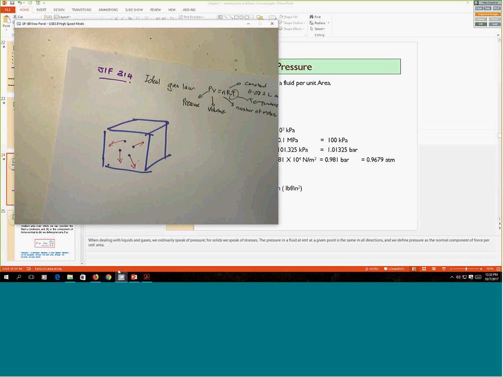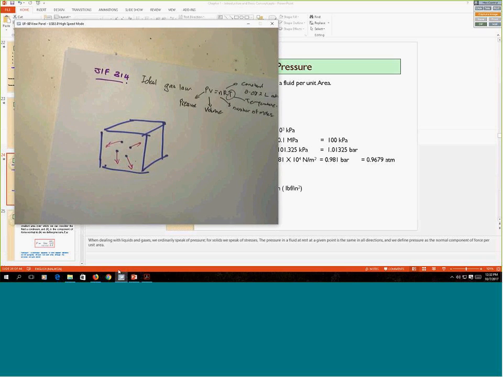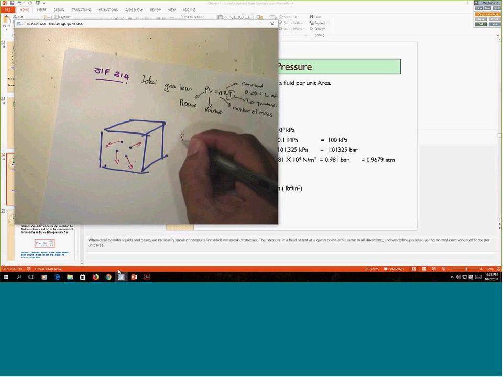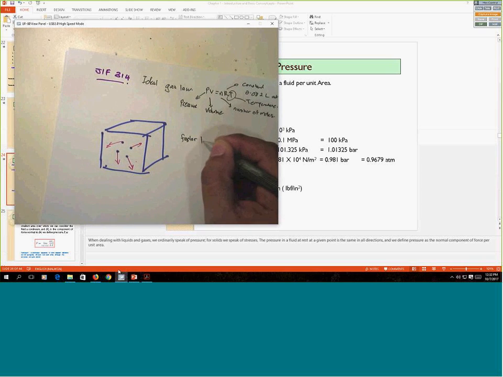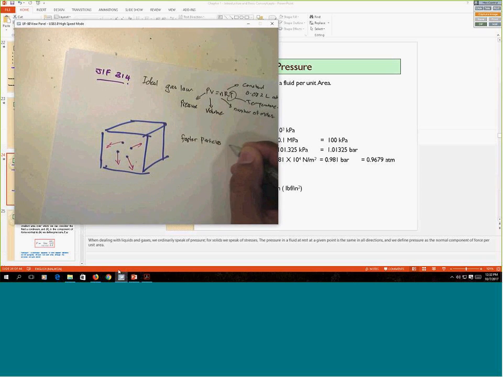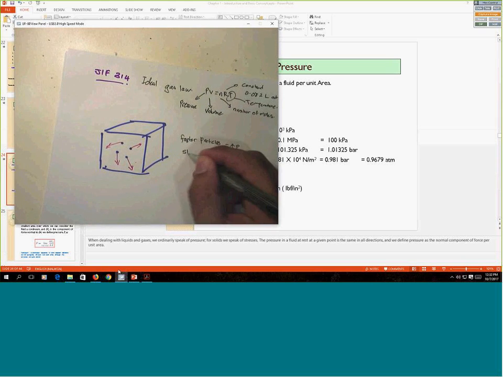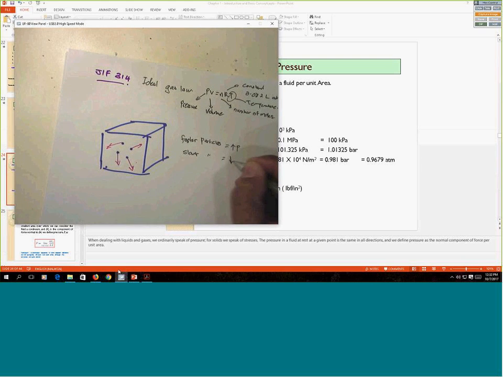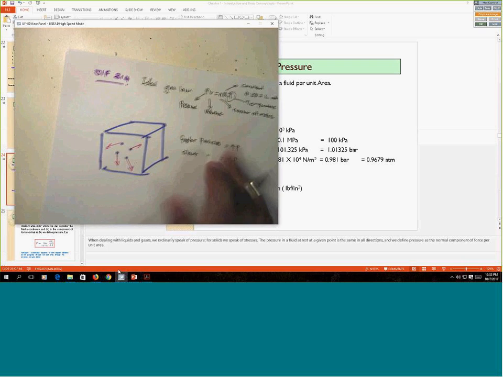So you're going to increase, which means it's actually going to increase the pressure. Fewer particles actually decrease the pressure. Why?